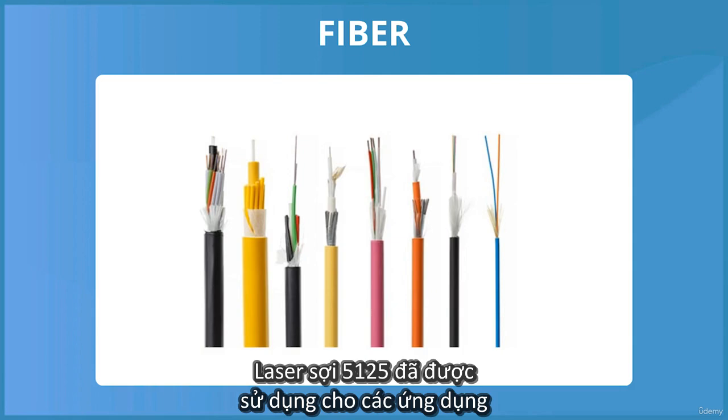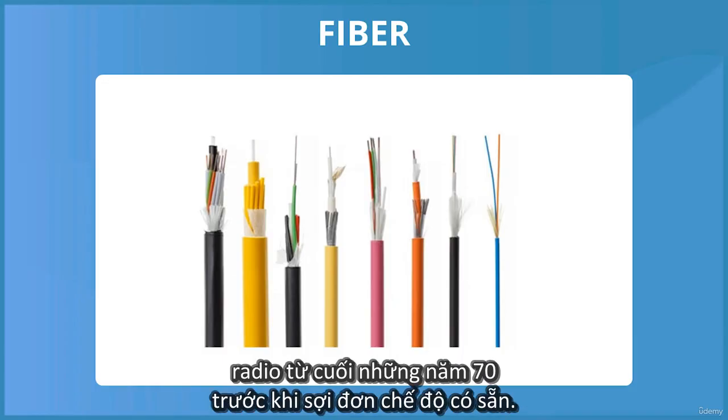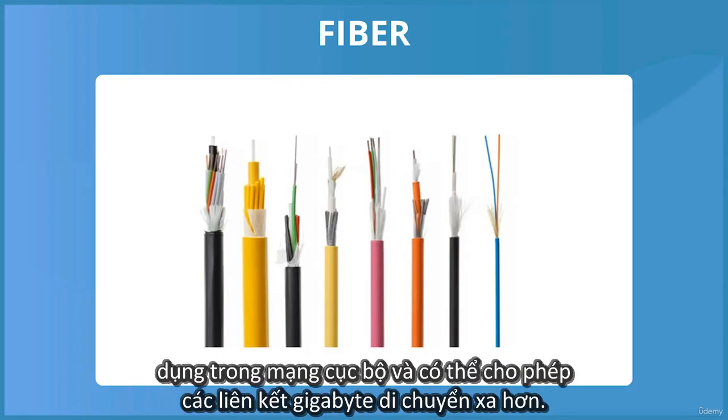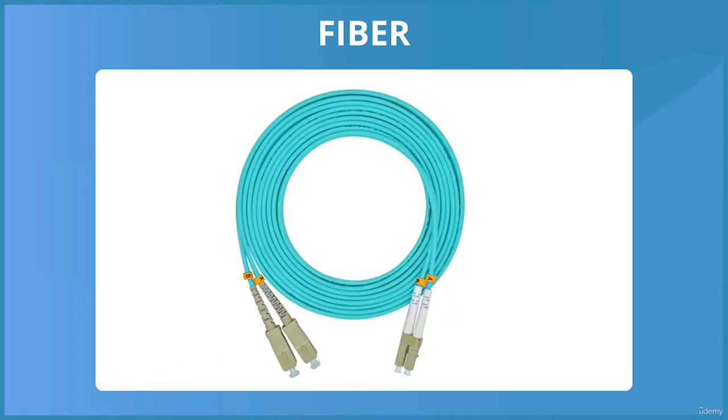50/125 fiber. Lasers were used for radio applications from the late 70s before single-mode fibers were available. 50/125 fiber, OM2 standard, offers higher bandwidth with laser sources used in local networks and can allow gigabit links to travel longer distances.